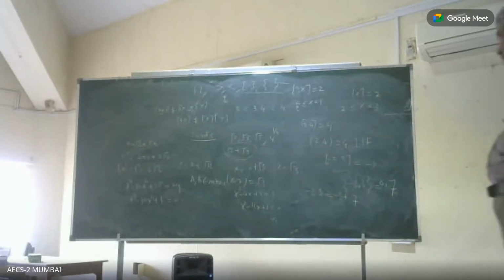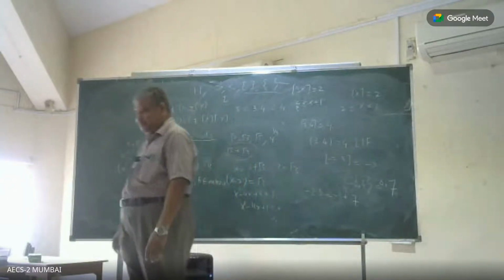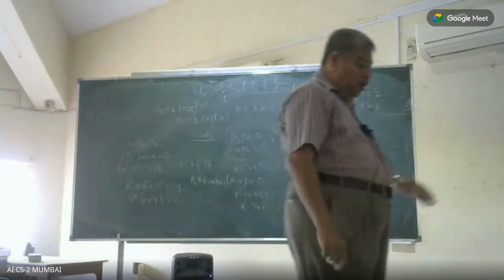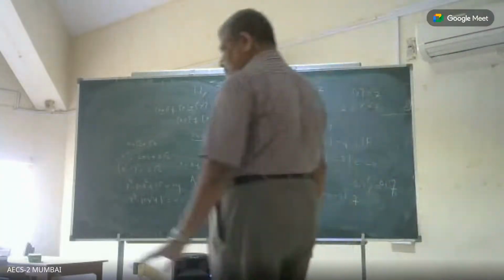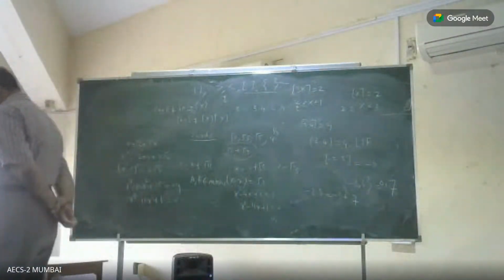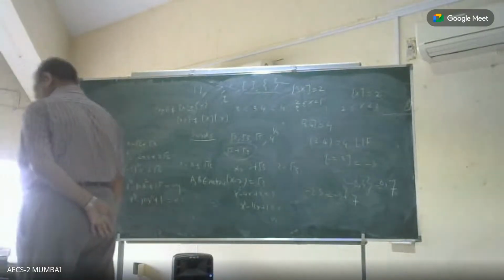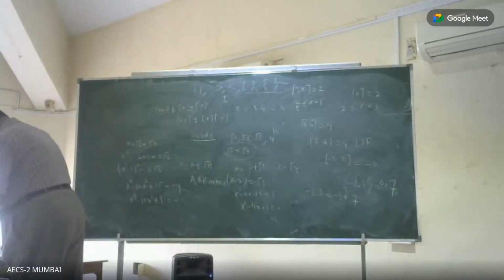So that is why this is not a quadratic surd. So quadratic surd means a plus root b or a minus root b, where a and b should be rational numbers. Correct? Are you getting this or not? Very good.